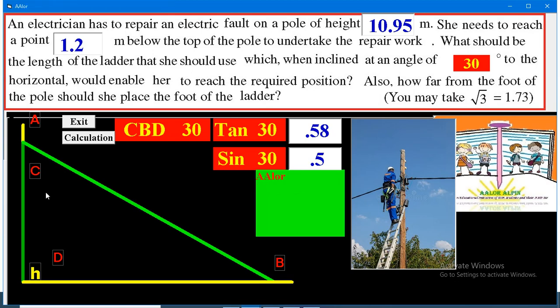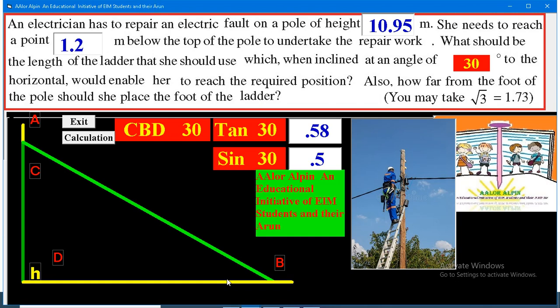Here, if you look at the picture, this point is A, and this point is C over here. So the ladder is inclined to the base, and here the angle made is 30 degree.